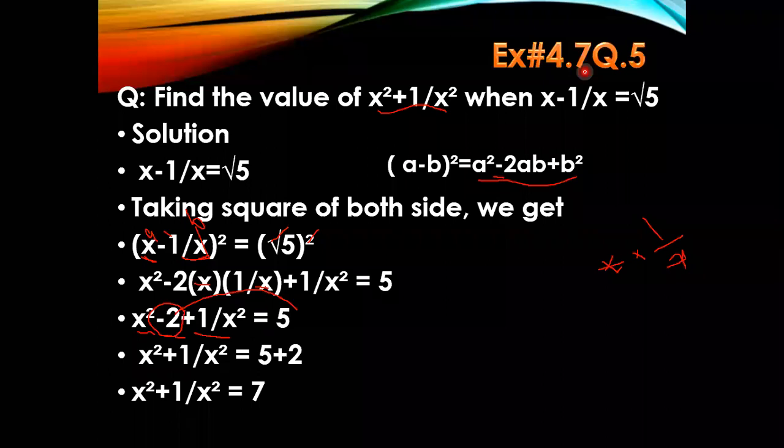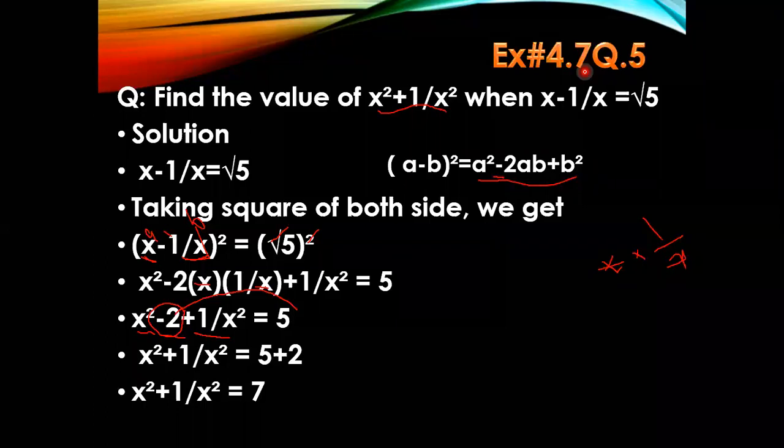Did you understand the point that we are going to find out x square plus 1 upon x square? Is there any confusion? My question is, is it clear what we are going to find out and why we are applying the formula? Because most of you were complaining that you didn't understand which formula we are going to apply. Can you identify which formula is going to apply here?